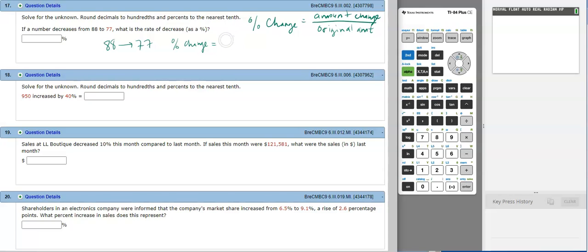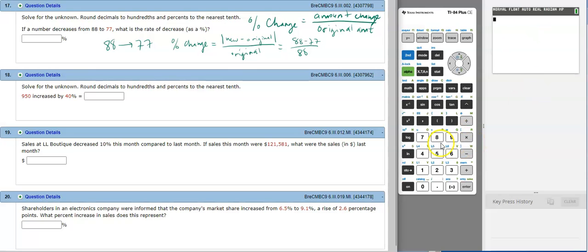And so the way that you end up doing it is you either could take the absolute value of the difference, like absolute value of the new amount minus the original amount. Or you could just make it more simple by doing the subtraction in whichever order you need, always subtracting the smaller number from the bigger number. So we would go on top like 88 minus 77. And the original number was originally 88, so we'd divide by 88.